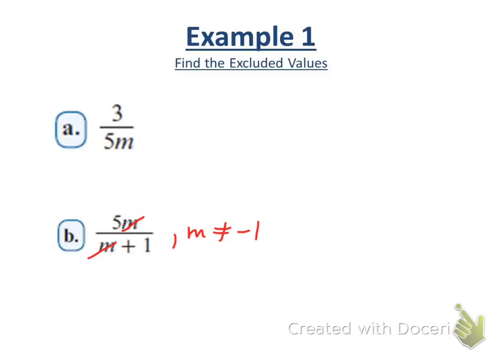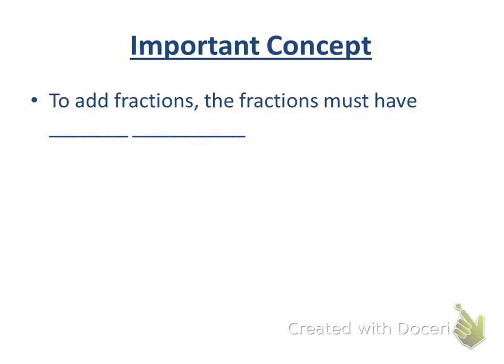Now, the m in the numerator is a factor, but is the m in the denominator a factor? It's a term, and you can't cancel terms or parts of terms. You can only cancel something that is a factor of the entire numerator or factor of the entire denominator. In this case, though, we're just looking at excluded values and then moving on.